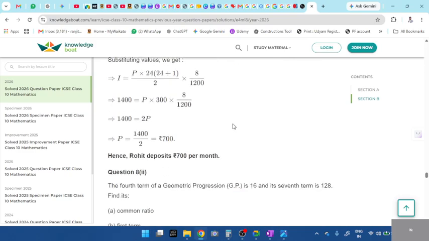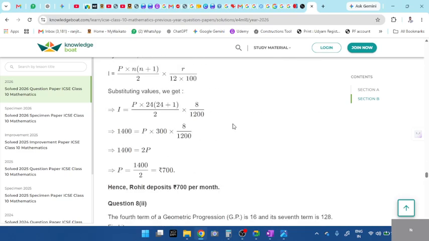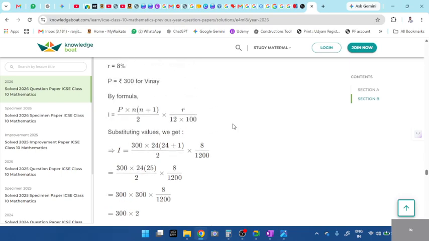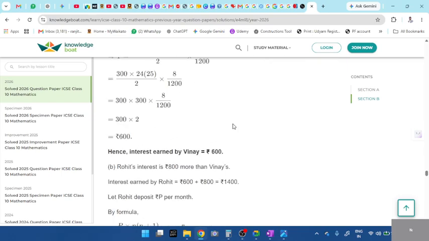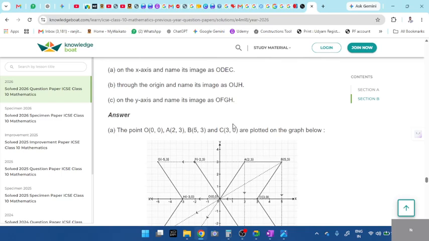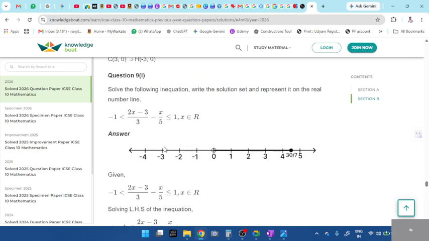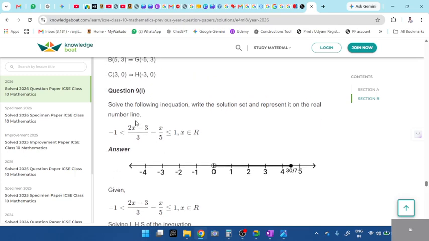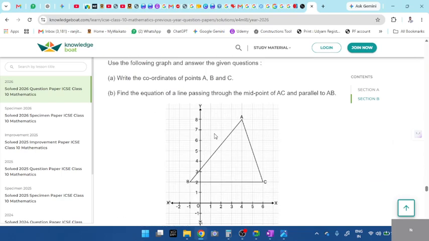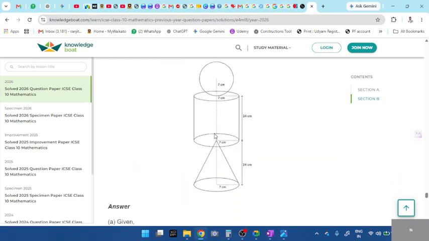I think only one MCQ was given. Can you see this 2026 question? X belongs to real numbers. I think I had given it for last week's test. You need to take LCM and solve this part. So all simple questions. 3 marks they had given. Simple one.